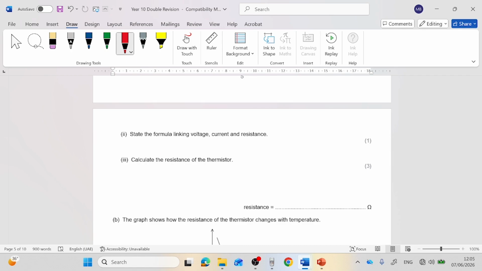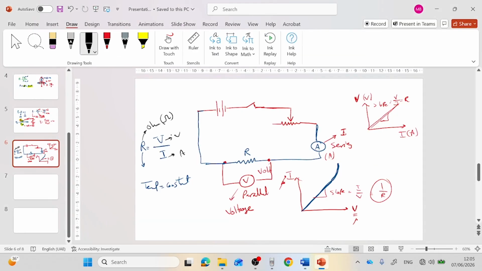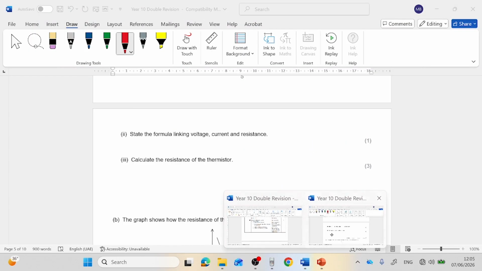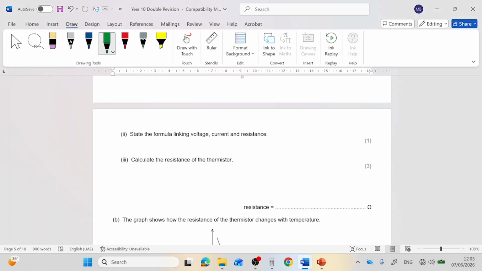For part two, state the formula linking the voltage, current, and the resistance. This is called Ohm's law. This is the formula which links the resistance, voltage, and current. So you can say V is equal to I times R, or you can just draw this triangle.